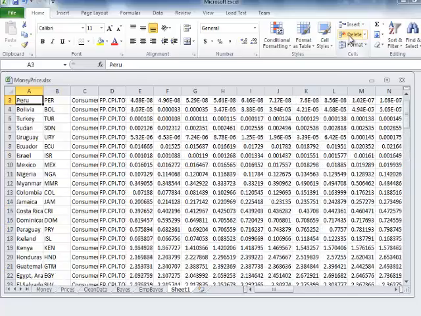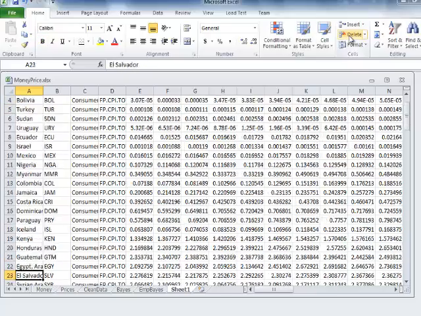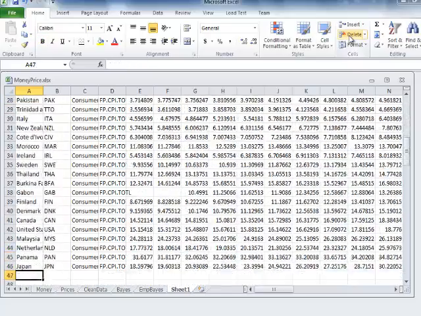Gabon is also going to be a problem, so I can either eliminate it or fill in the blanks with some suitable numbers. Let me just eliminate it for the moment.